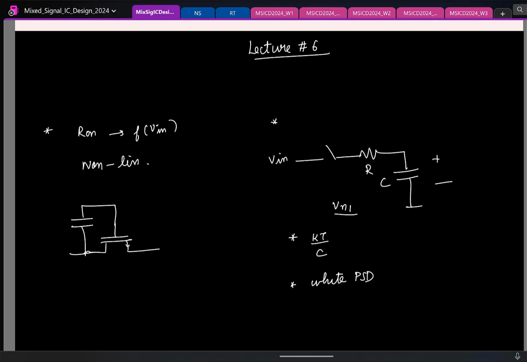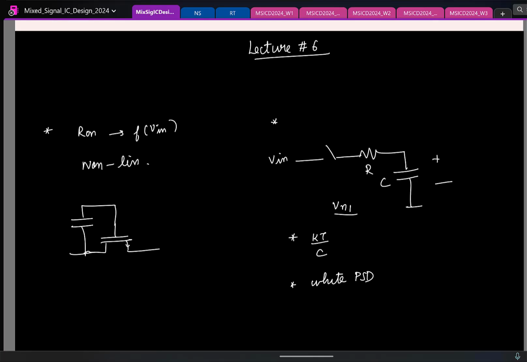If the time constant is less than... Remember when we argued that the power spectral density can be white only if we cannot make any prediction about my next input sample based on the current input sample, and that is possible when the samples are all uncorrelated, right?